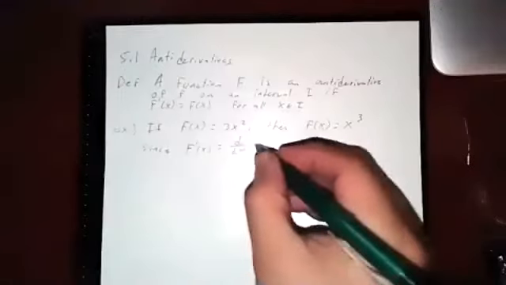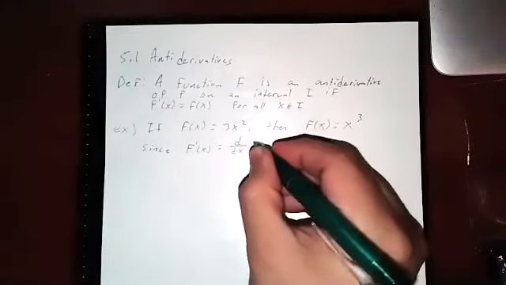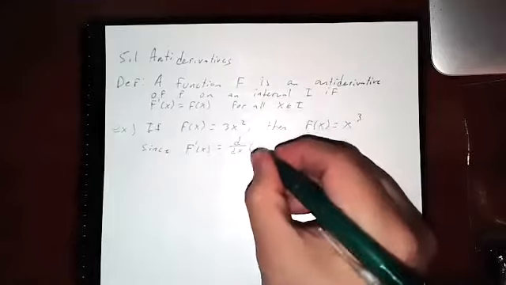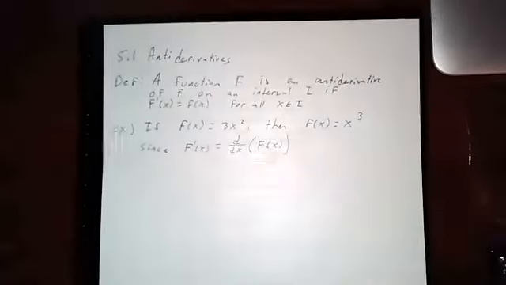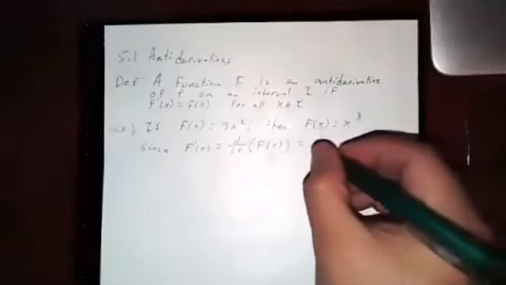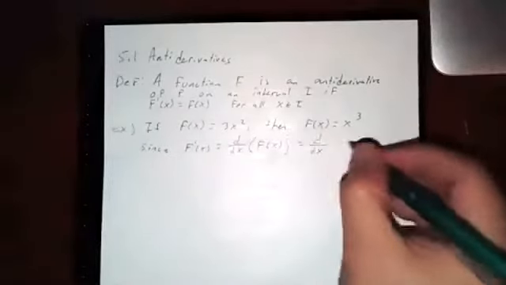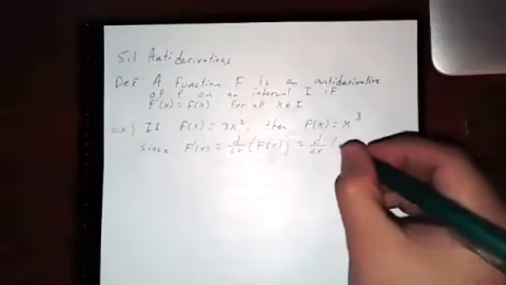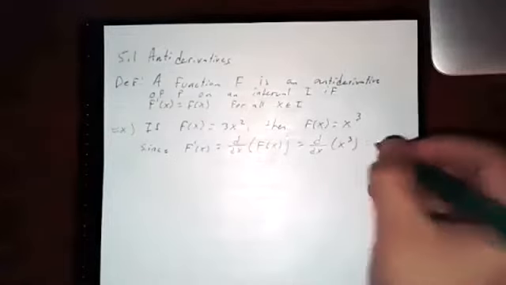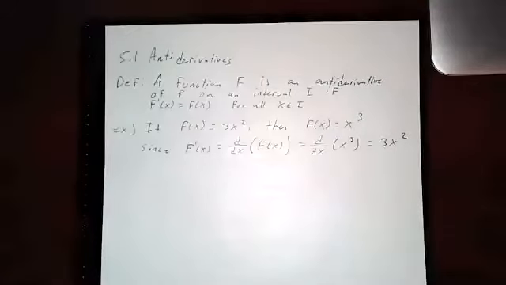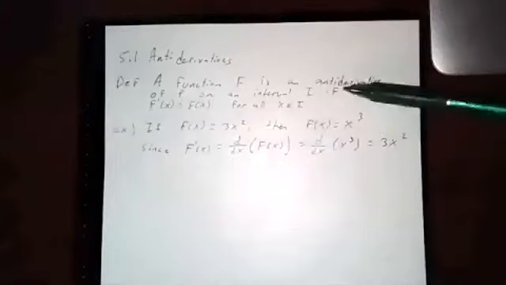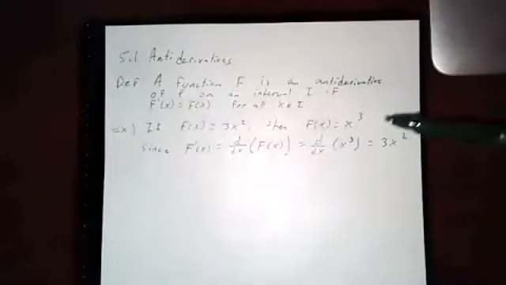Guys, I'm assuming you're all experts at derivatives at this point. Which can be written, of course, as the derivative with respect to x of x cubed, which would give us 3x squared, right? So that's the definition that's being applied here. That's what this is saying, okay?